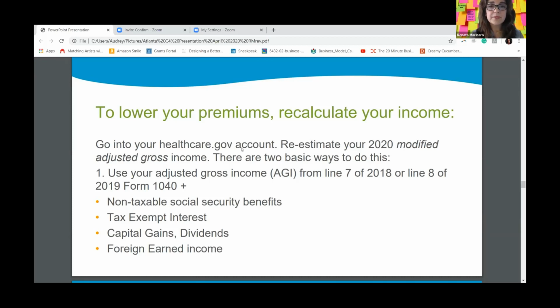They will accept line 7 of your 2018 tax return or line 8 of your 2019 tax return as an estimate for 2020. So if that is beneficial to you, then you might want to use that way of estimating your income.